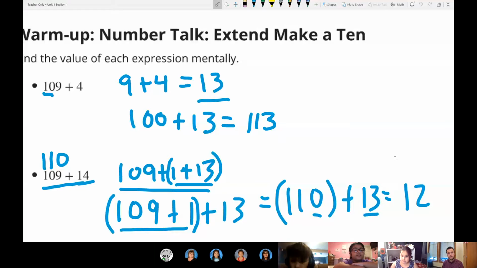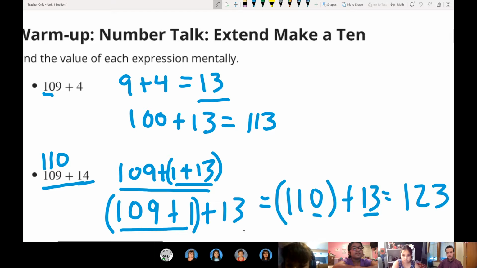Someone want to help her real fast? You're very close, Adelina. 110 plus 13. Camila, you want to help her? 123. Yeah, 123. All right, super close.